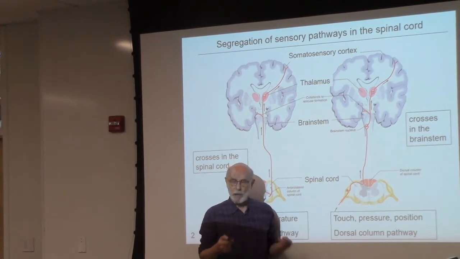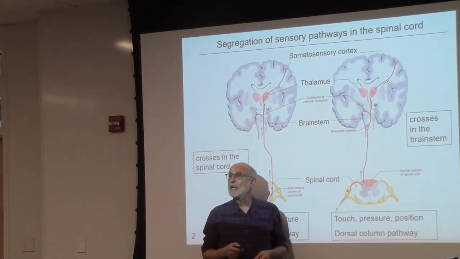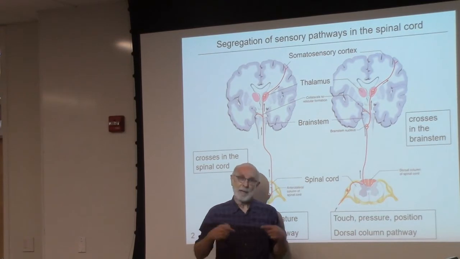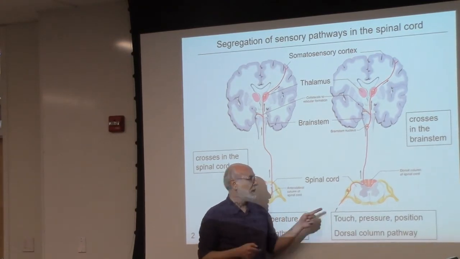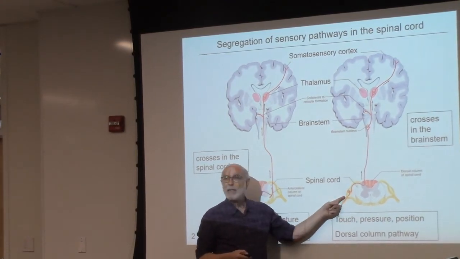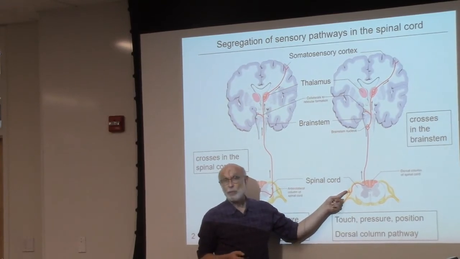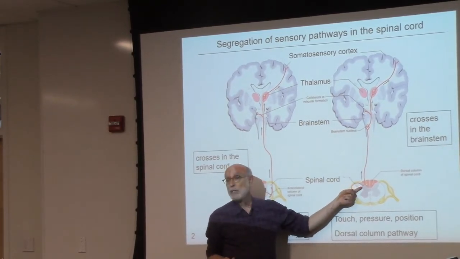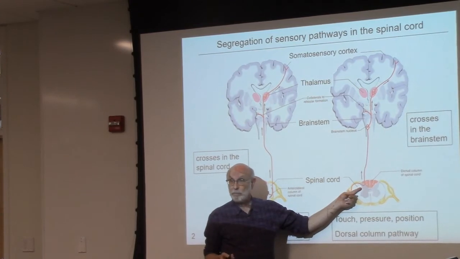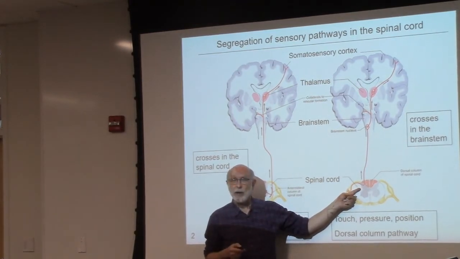Cations flow in, depolarization, action potentials propagating in the axons, cell bodies in the dorsal root ganglion, enters the dorsal horn. So I've tried to illustrate some similarities and some differences.